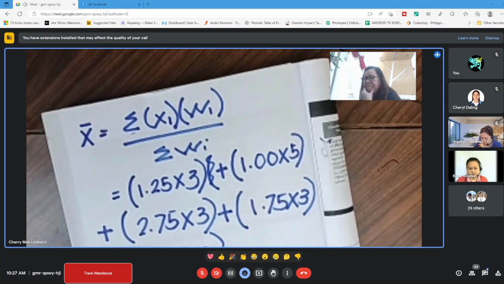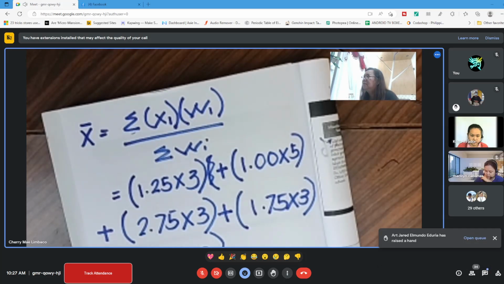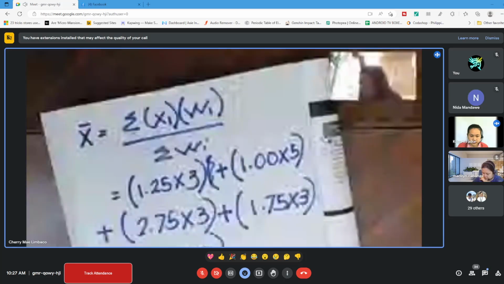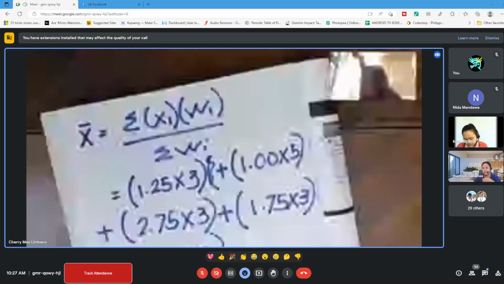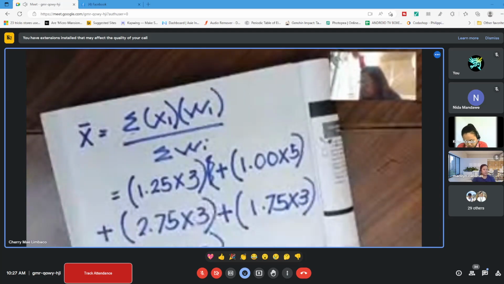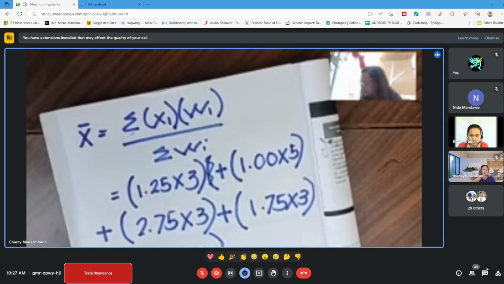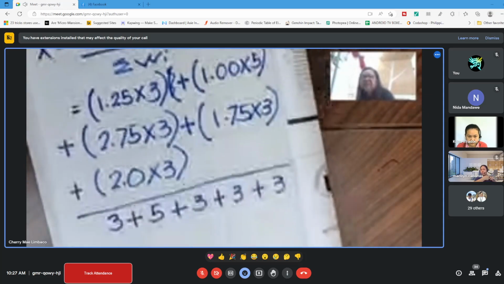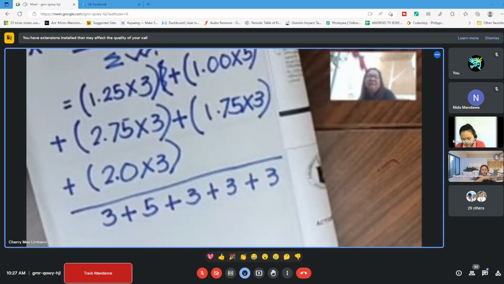Question: what is the total of my W? The sum of W, the weights. What is the total? 17, Doc. So we get 17: 3 plus 5 plus 3 plus 3 plus 3. Okay. Did you get it?